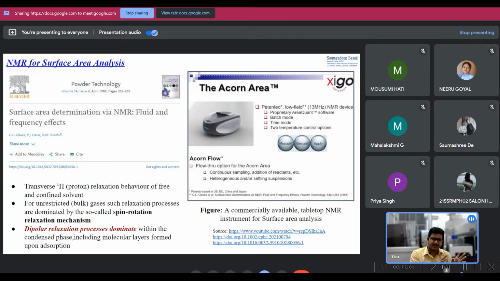It's a very crude way of understanding this. Using this property of transverse, dipolar relaxation, they used a classical, low-field NMR instrument and combined the software and this instrument to measure porosity using NMR.